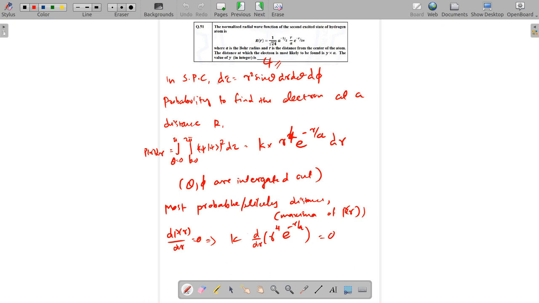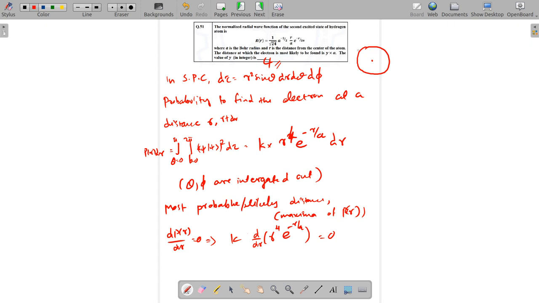Okay, so in spherical polar coordinates, the volume element is given by r square sin theta dr d theta d phi. This is something we all know. So the probability to find electron, so we have nucleus here and at a radius r, maybe I can put this small r, at a radius r to r plus dr, like this.